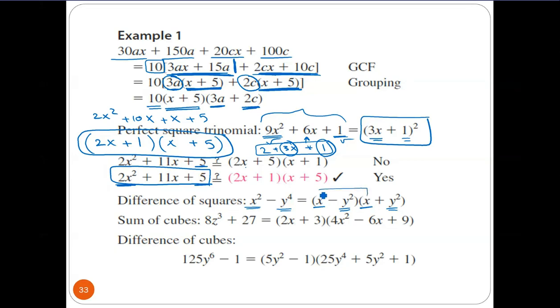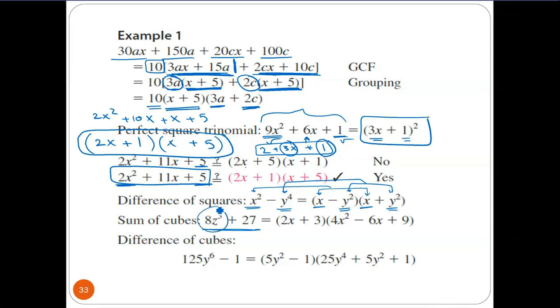If you multiply x with x, you have x squared. If you multiply y squared with y squared, you have y to the power 4.